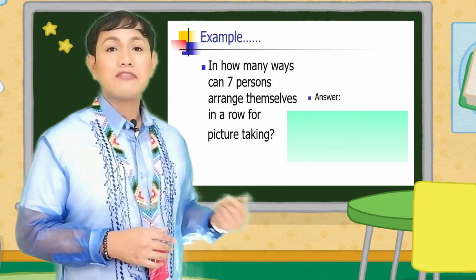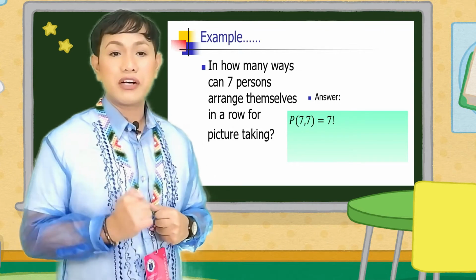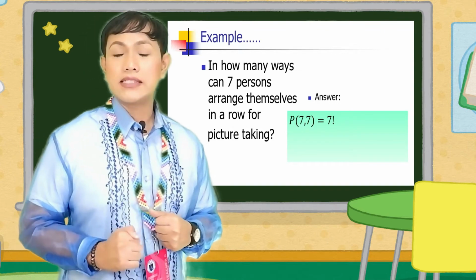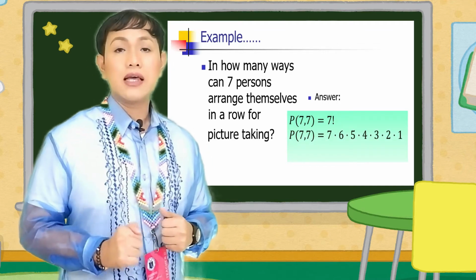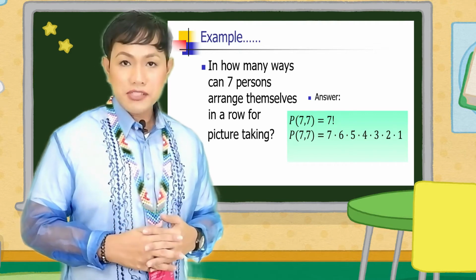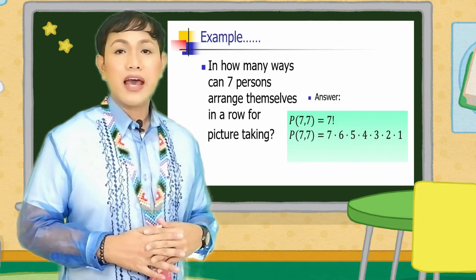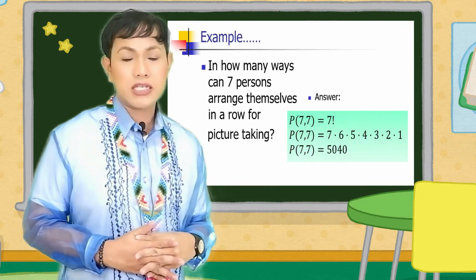The permutation of 7 objects taken 7 at a time is equal to 7 factorial. And we know that 7 factorial is equal to 7 times 6 times 5 times 4 times 3 times 2 times 1. And that is equal to, this time, a whopping 5,040.